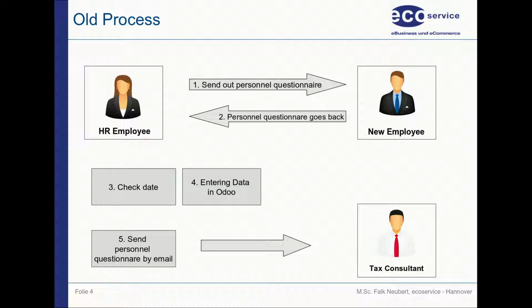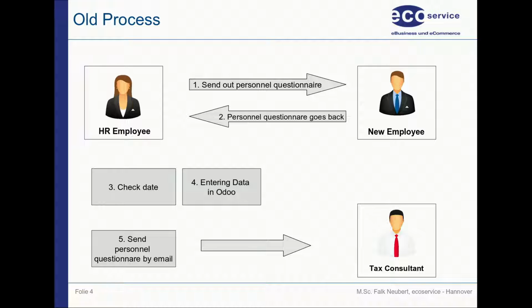The normal process in Germany is that the HR department sends this questionnaire to the new employee. The new employee fills it out and sends it back. Then you have to check the data in the questionnaire and send it to your tax consultant, to your finance department.